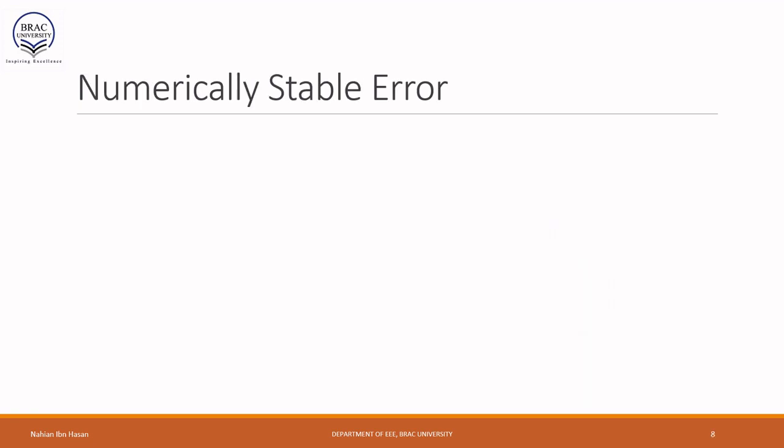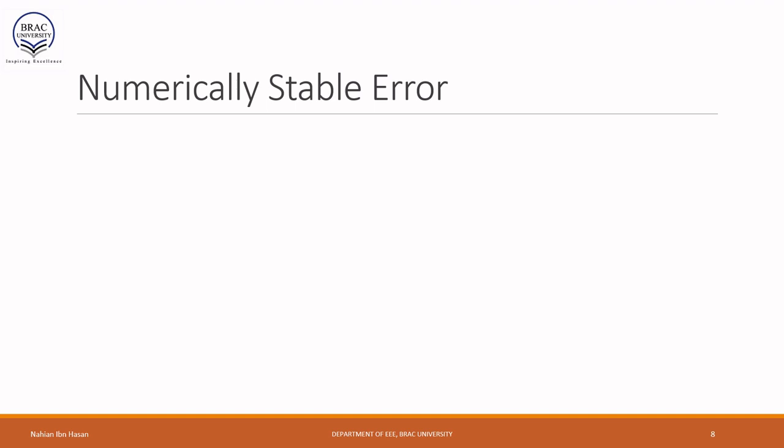So let's move on to our next error, which is numerically stable error. Numerically stable error is iterative. Usually whenever you use an iterative scheme in solving a numerical problem, at each iteration you will have some kind of error, and whenever you repeat those iterations the error will propagate and accumulate to a larger value.